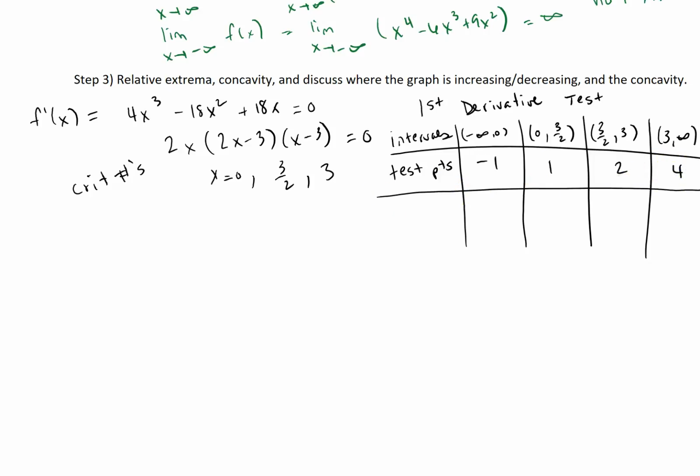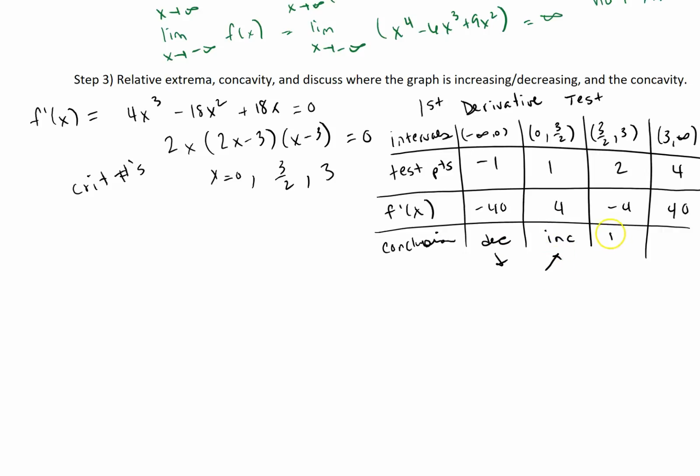Those are just the ones that I'm choosing. Plug them into f prime of x, and I get negative 40, 4, negative 4, and 40. So my conclusion is that we are decreasing, we are increasing, we are decreasing, and we are increasing.